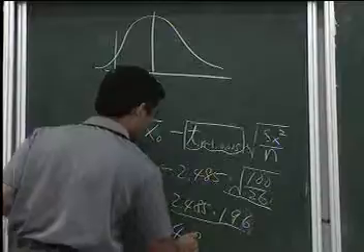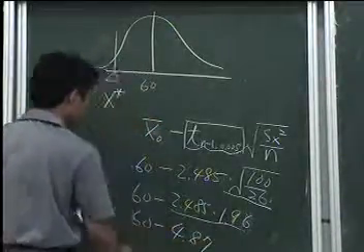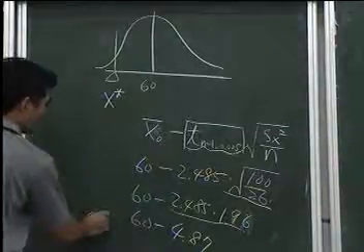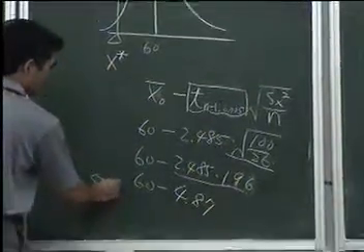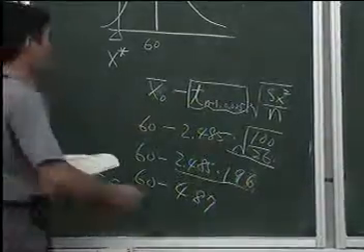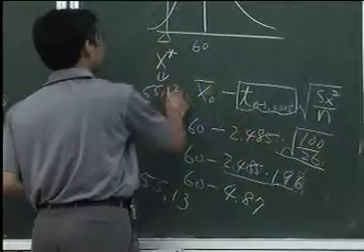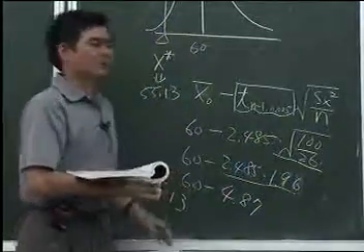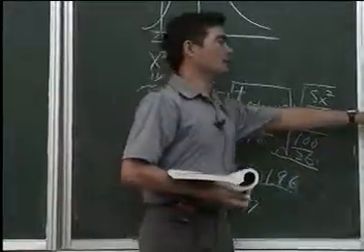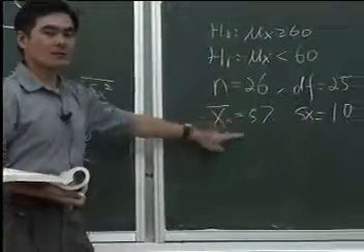Okay, good. So then you've got 55.13. So the critical value here should be equal to 55.13.